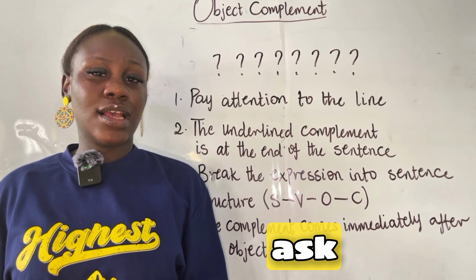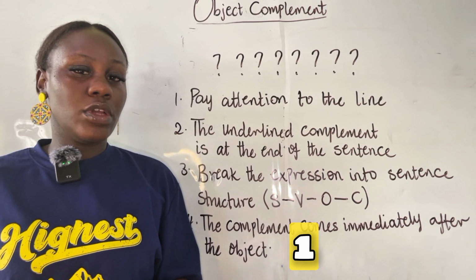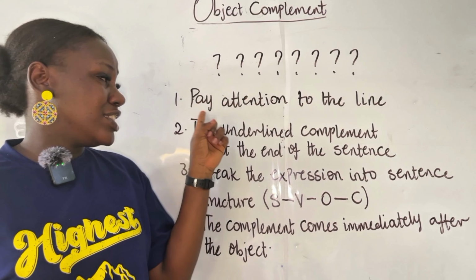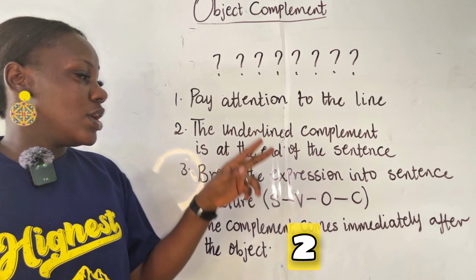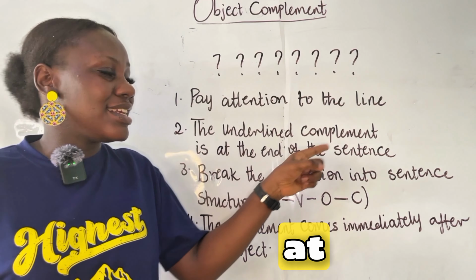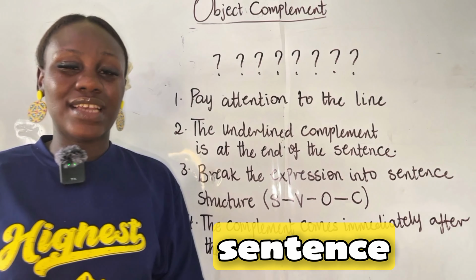Students often ask, how do I know the object complement? Rule number 1, pay attention to the line. This rule can never be overemphasized. Rule number 2, the underlined complement is at the end of the sentence. It is always at the end of the sentence.